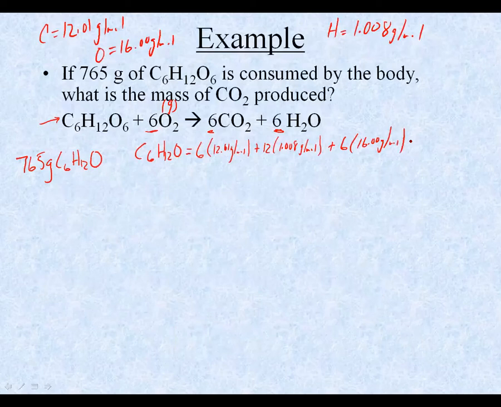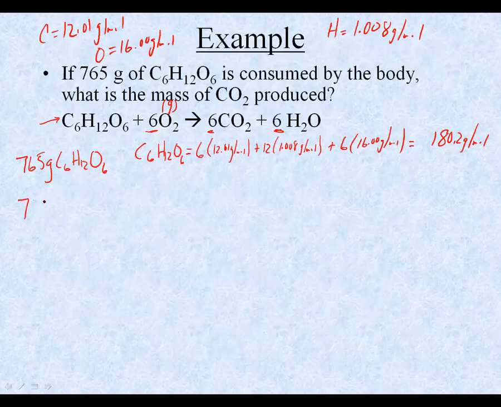And that looks like you'll end up with something like 180.2 grams per mole as the molar mass of the C6H12O6. I left the 6 off of mine over here, so I'll pop that back in. I don't know why I keep leaving that off. There you go. So we're going to use that as a conversion factor.